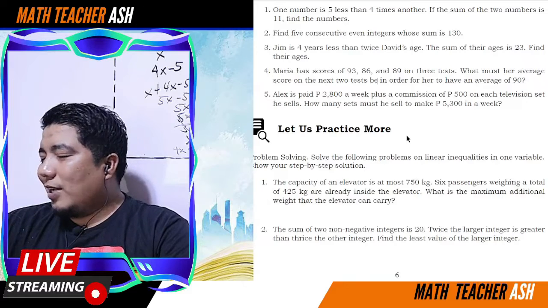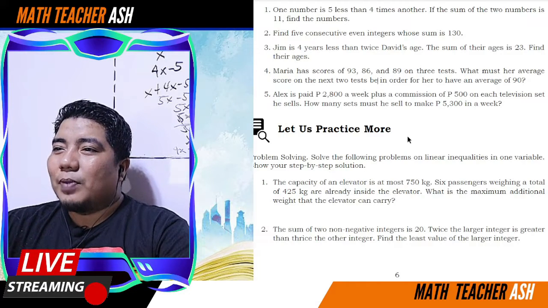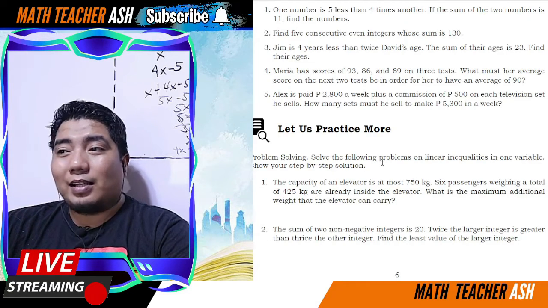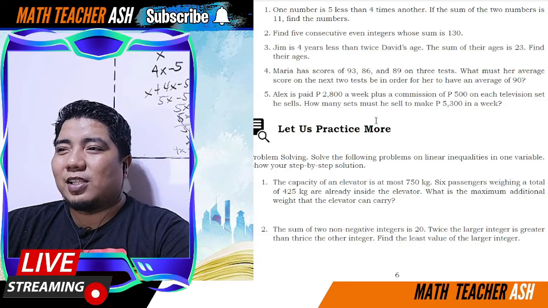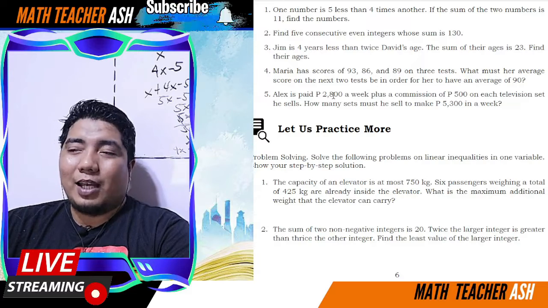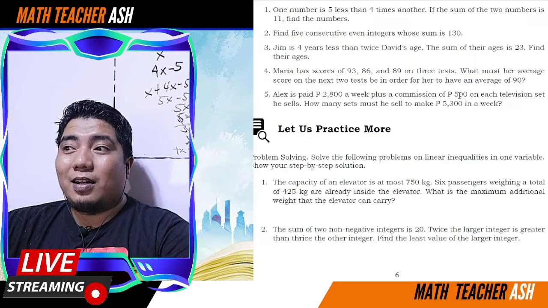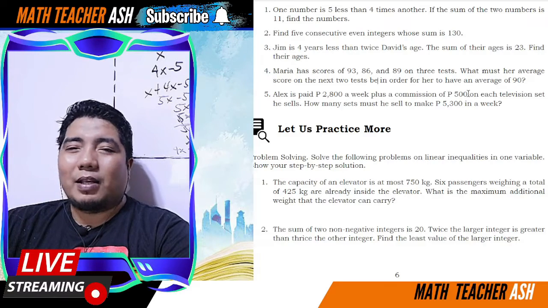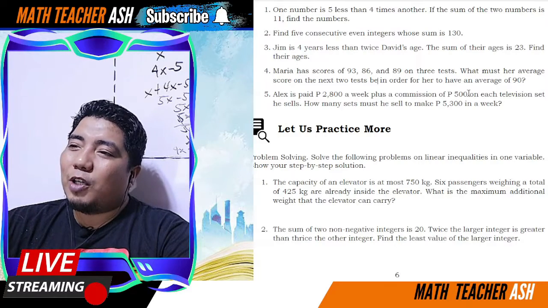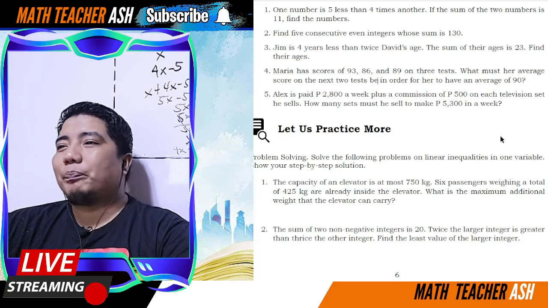Alright, now let us go to the 5th. Alex is paid 2,800 a week plus a commission of 500 on each television set he sells. So 2,800 plus 500x. Why is there an x? Because the 500 depends on how many televisions he sells.